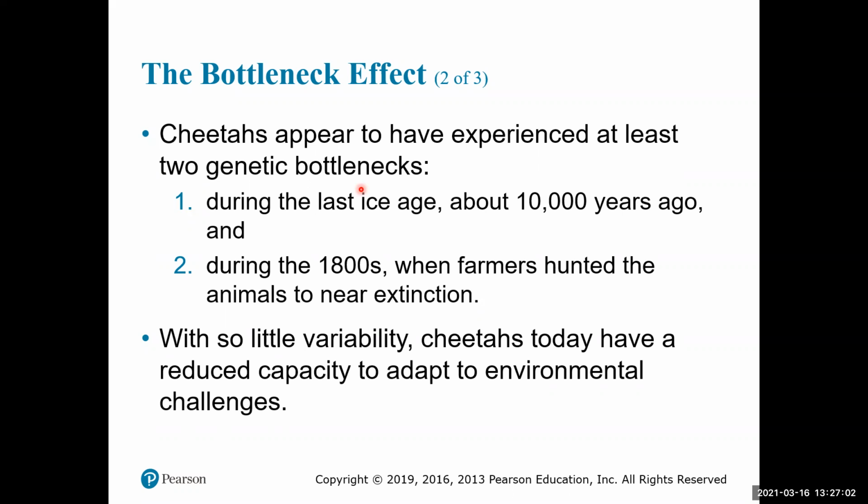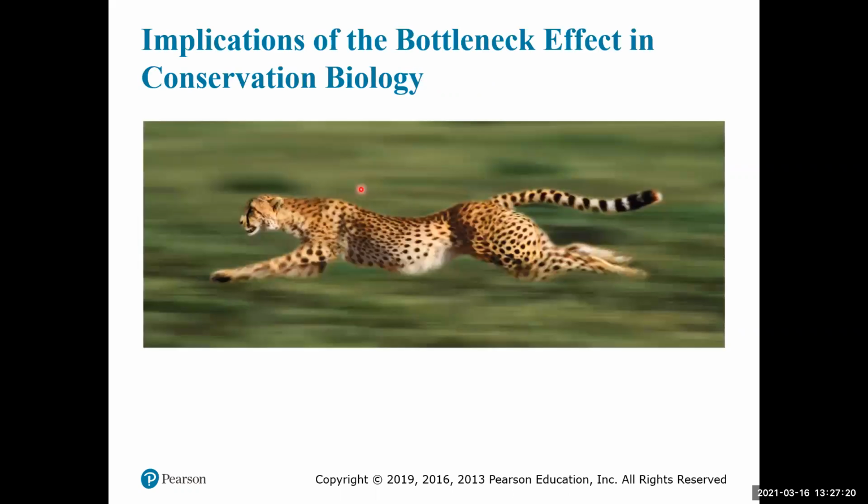And so, because of that reduction in population size, they lost a lot of their variability, and so we're worried now that cheetahs may have a reduced ability to adapt to environmental changes and can be negatively affected by that, and they may potentially go extinct in the future because of that lack of variability if their populations become affected negatively.